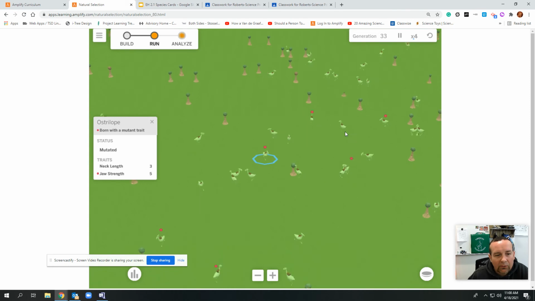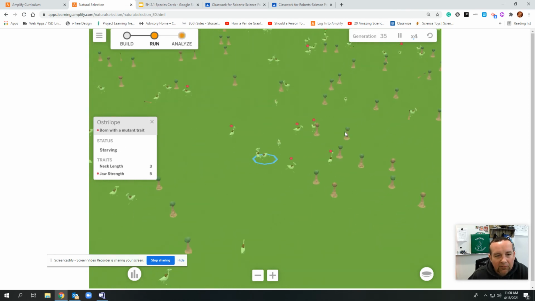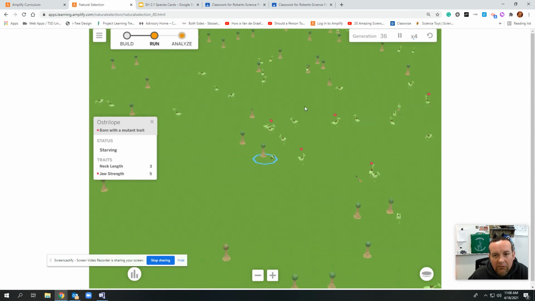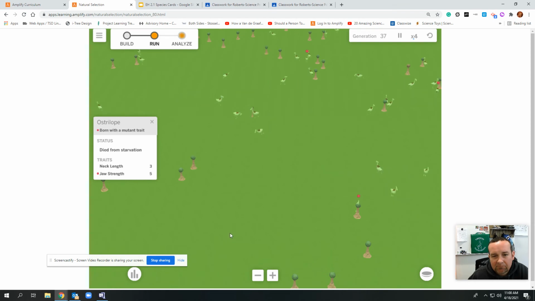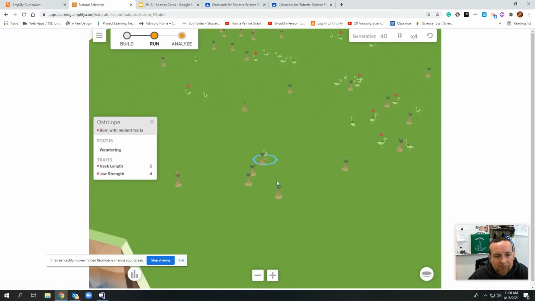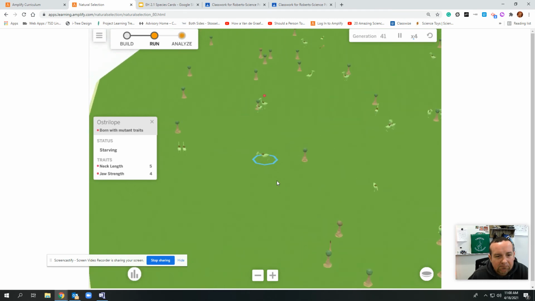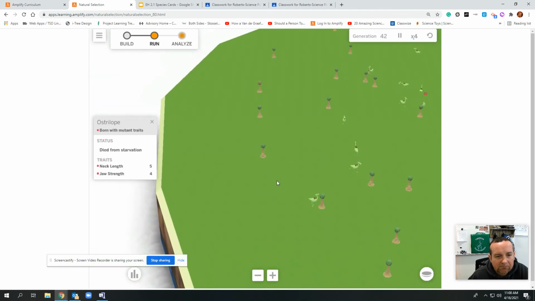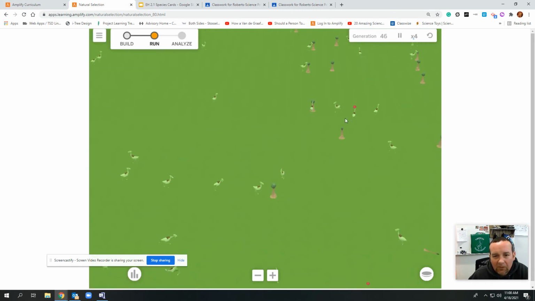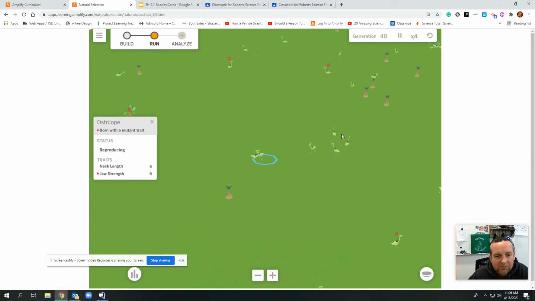Jaw strength's huge, but neck length not so much. He's starving. Wow, a lot of mine keep dying. Neck length of 6.